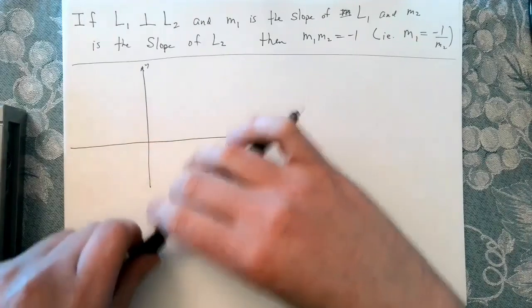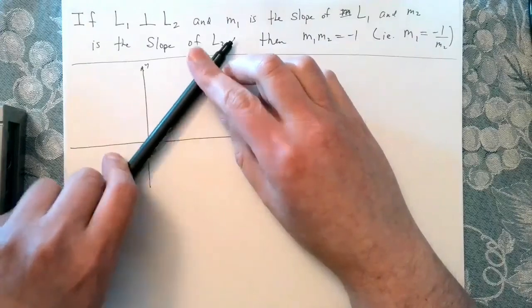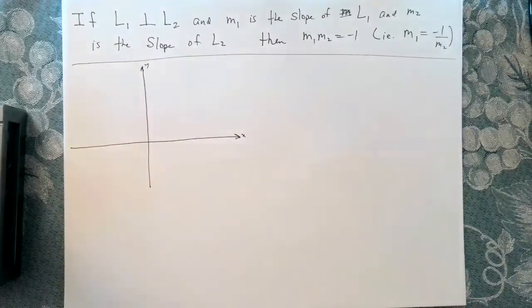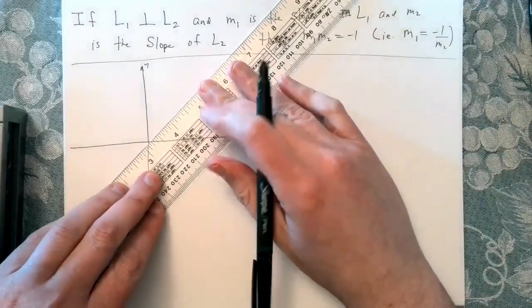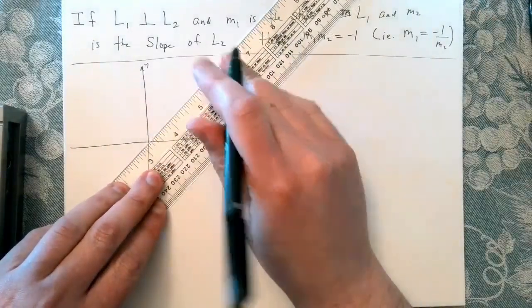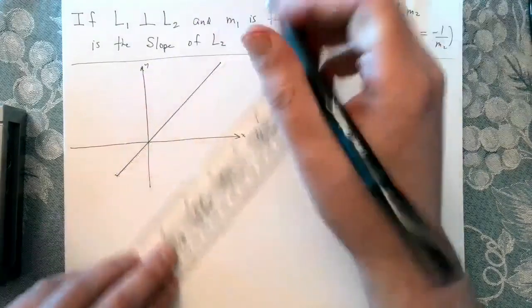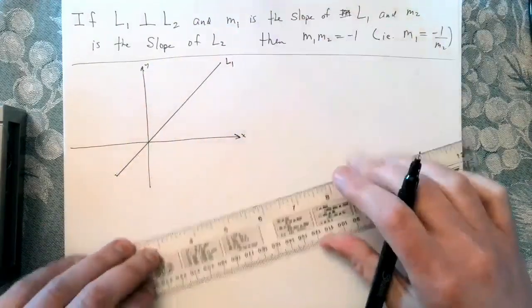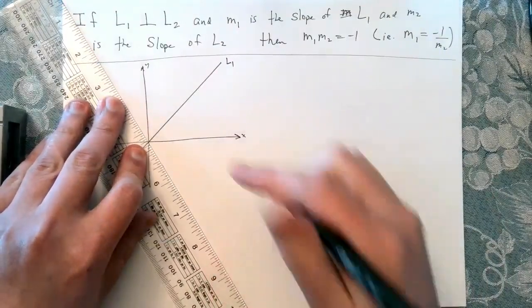I mean, if I have some line that's not through the origin, just translate it. Just move it so it goes through the origin. It's just going to make the problem a lot easier, and you don't lose any rigor in doing that. So let's pick one line through the origin. Let's call that L1, and we'll have a second line through the origin, L2.